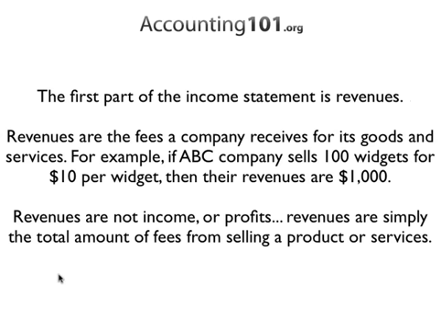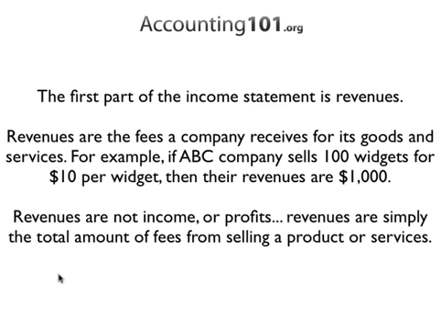And so the first part of the income statement is revenues. Revenues are the fees that a company receives for its goods and services. So, for example, if ABC Company sells 100 widgets for $10 per widget, then their revenues are $1,000. That's the total amount of money that they have received. And it might not be actually received based on accrual accounting, but we'll get into that in a later video.